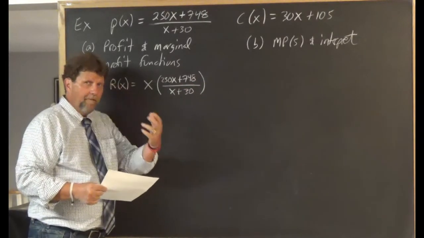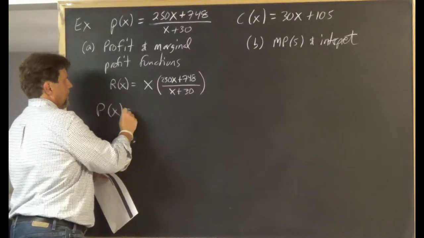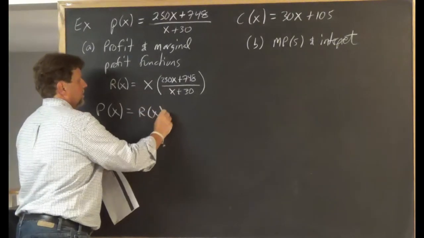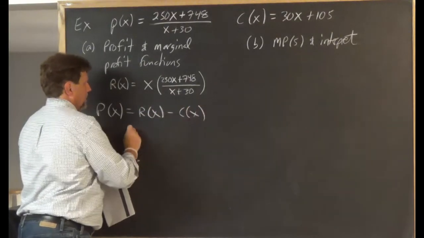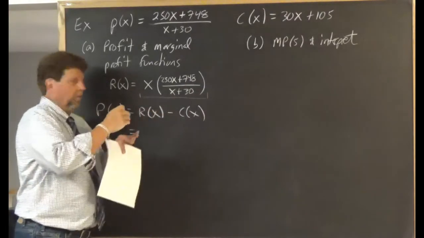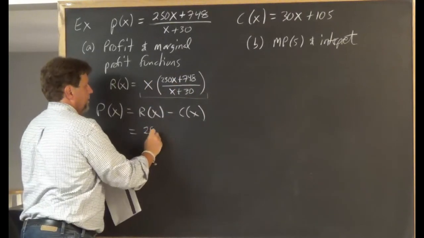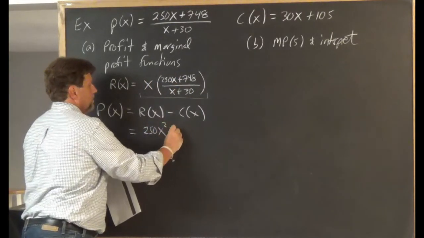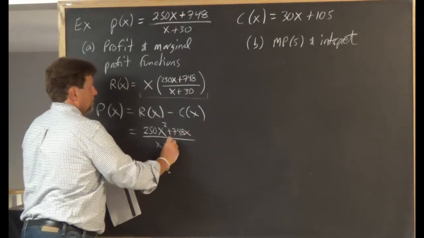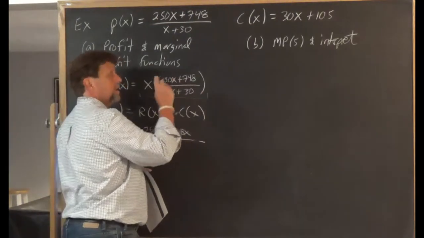So the profit function is revenue minus cost. So here, this is revenue. And when I write it down here, I'm going to distribute that X to get 250X squared plus 748X over X plus 30. So that's revenue minus cost.